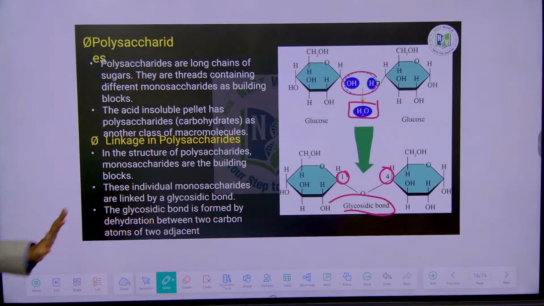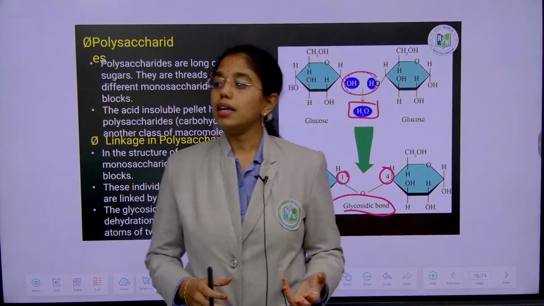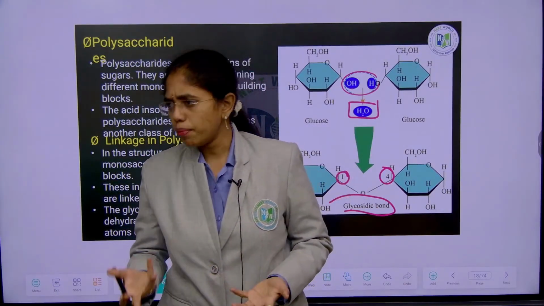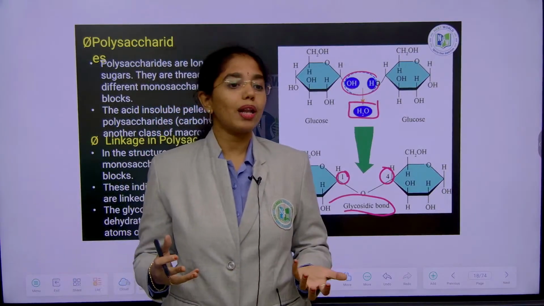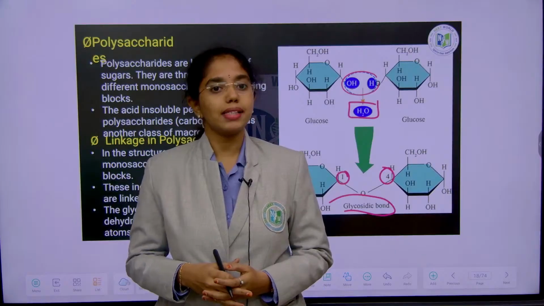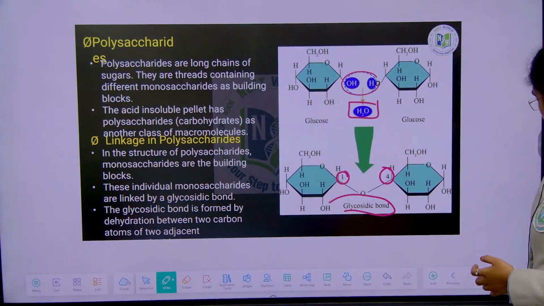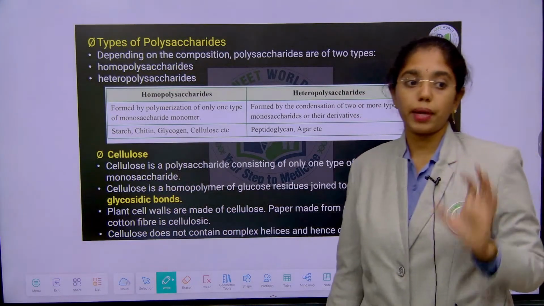Same is the case with polysaccharides, but in polysaccharides, based on the type of monosaccharides that are present, it can be the same monosaccharides, it can be different monosaccharides. You have homopolysaccharide and heteropolysaccharide, right. So, these definitions you already know, you know about the glycosidic bond. So, we will move on to types of polysaccharides, which are very important.